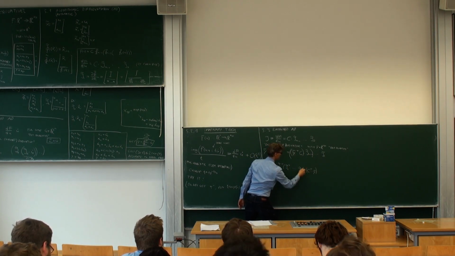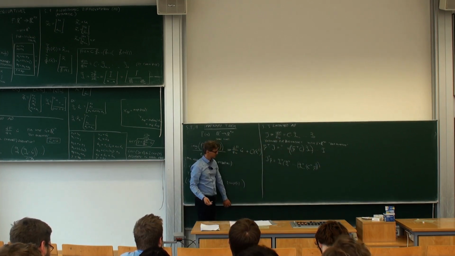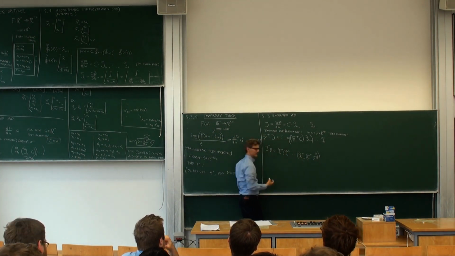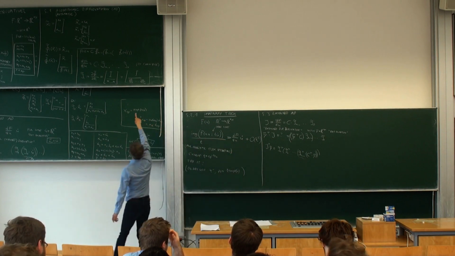And the brackets are always here. Then I have the same as before, just the difference is that now I multiply always with a matrix of this form, and of course it's the transpose of that matrix here.